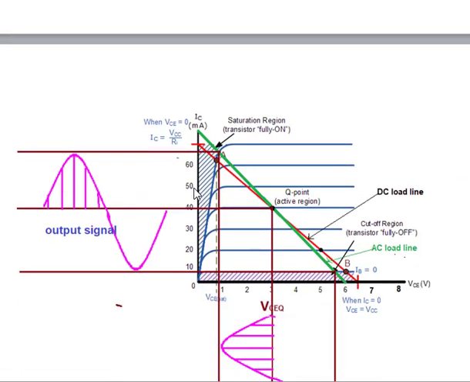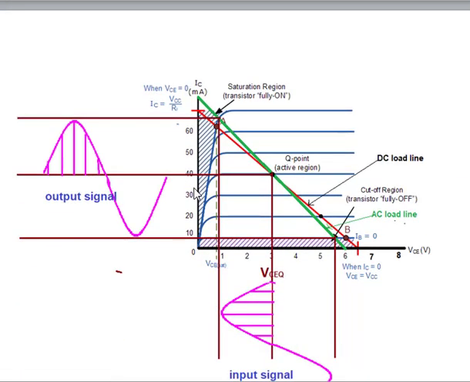Now we go to the next graph. In this diagram, again the AC load line is drawn with the same procedure. When IC is equal to 0, VCC is equal to VCE, and here the voltage VCE is equal to 0 and the current is equal to IC.